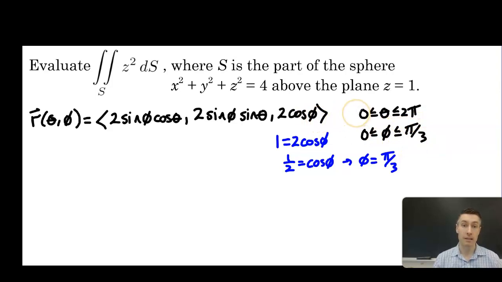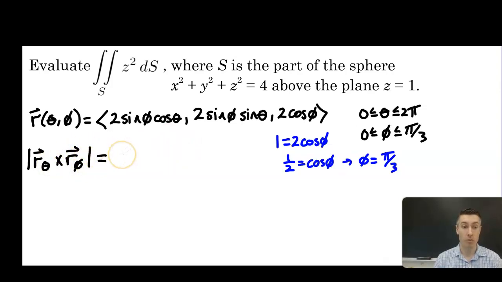Now, in this instance, we could also solve explicitly because we only have the part of the sphere above the plane. So we could write it as z equals the positive square root of 4 minus x squared minus y squared and use the second definition. So we do have two approaches here. Now the magnitude of the cross product, we can jump all the way to that point as we discussed in the previous video on surface area.